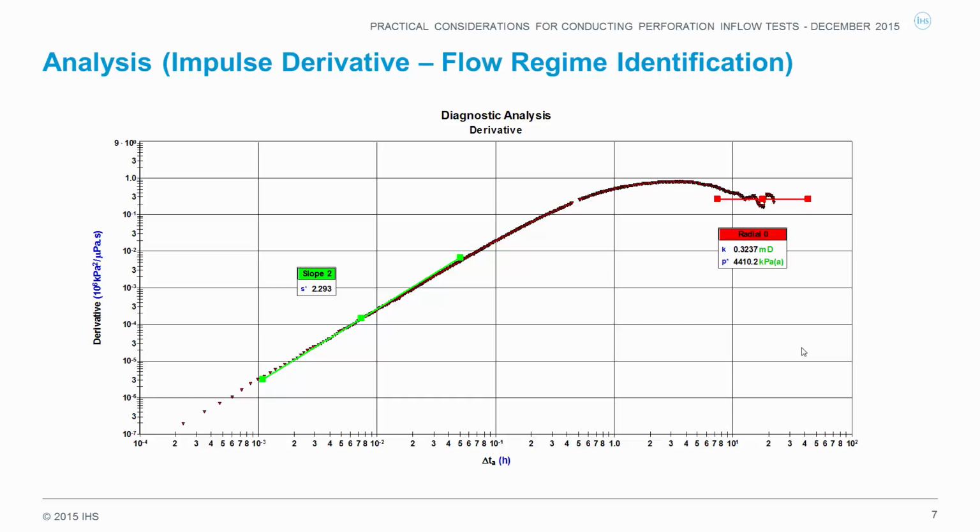The early time data in this example is dominated by wellbore storage. So this is what I'm referring to. In the late time, pressure data begins to exhibit a horizontal trend, which is characteristic of radial flow. If radial flow develops within the time constraints of the test, unique estimates of permeability, skin, and reservoir pressure will be possible.